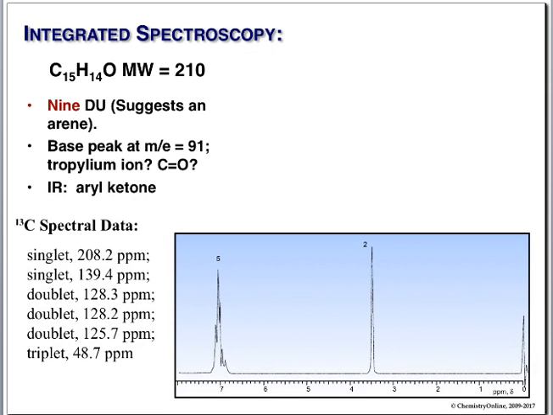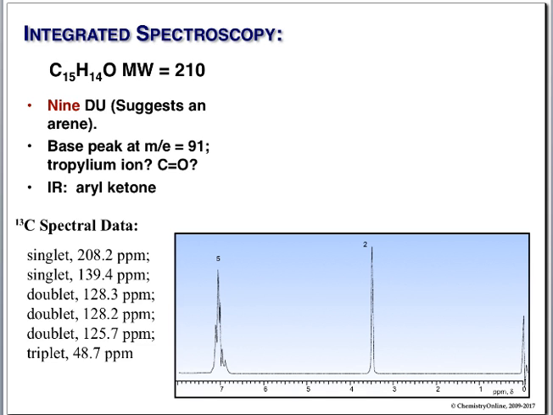Our NMR data, we have C13 and we have proton. Let's do our proton first. We have 14 hydrogens. Look at our integrations. We have 5, 6, 7. So everything's doubled. So we have 10 in the benzene region, and we have 4 down here.